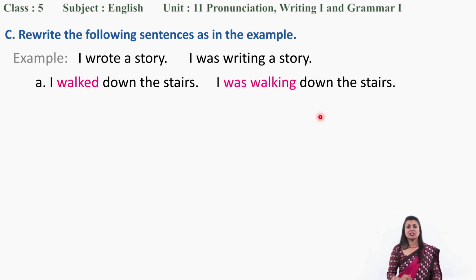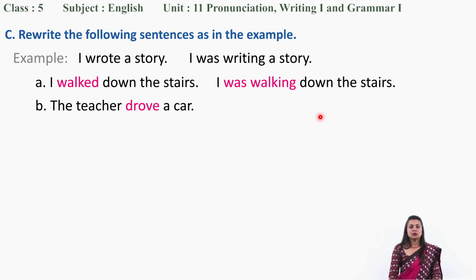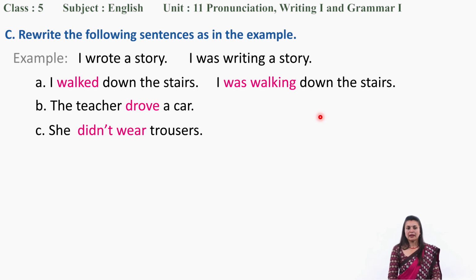Now let's see the another sentences that is given here. The next one is, the teacher drove a car. So, can you read this sentence? Okay. See, didn't wear trousers. So, here you can see this is the negative sentence. So, how do you make this negative sentence?